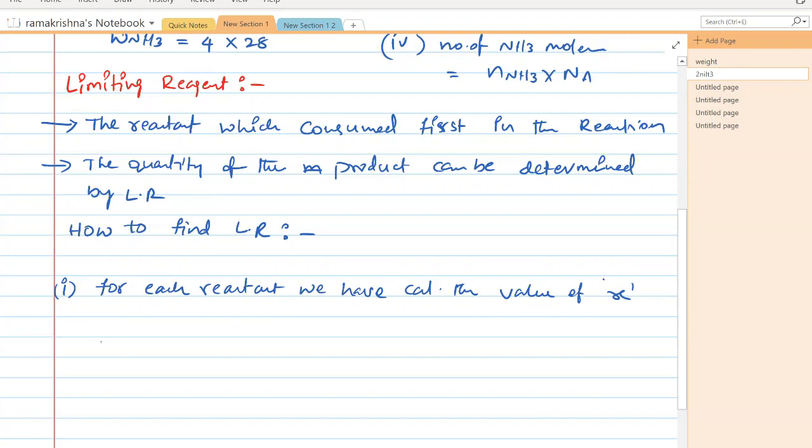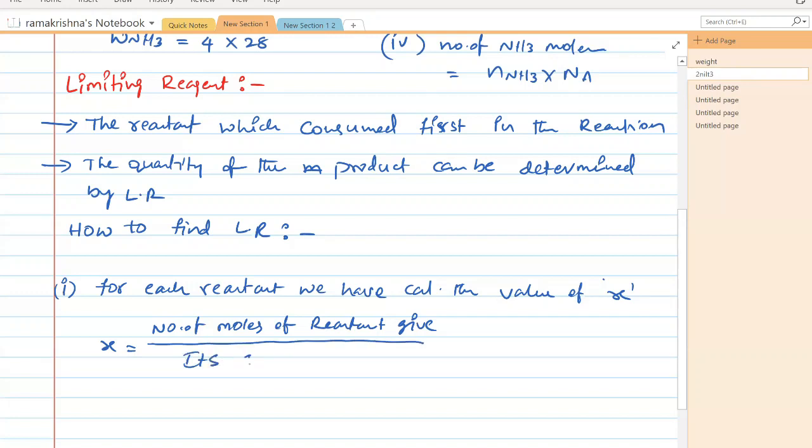What is x? x is equal to the number of moles of reactant given by its stoichiometric coefficient. So this is step 1. For each reactant, we have to find out x.